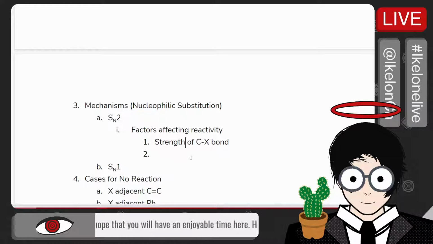And then the second one would be steric effects of R groups. Okay, so it's these two.